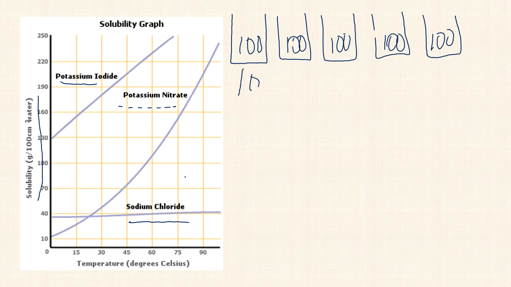Maybe this one was 10, and this one was 20, and this one was 40, and this one was 50, and this one was 60, and so on. Into each of these beakers, they would drop some of the compound that they were studying. So for sodium chloride, at the 10-degree beaker, they would put some sodium chloride in and dissolve it.